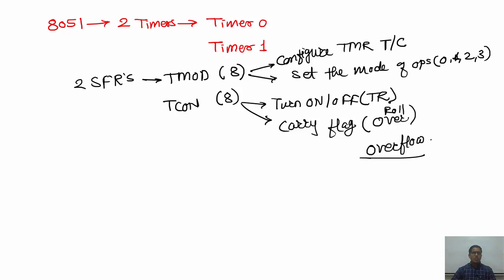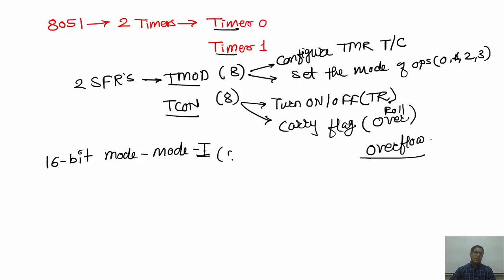Whenever I am going to deal with timer programming, I am going to make use of either timer 0 or timer 1 along with the TMOD and TCON registers. In this video session we are going to discuss the 16-bit mode, that is mode 1 configuration, programming and operation for the 8051 microcontroller.